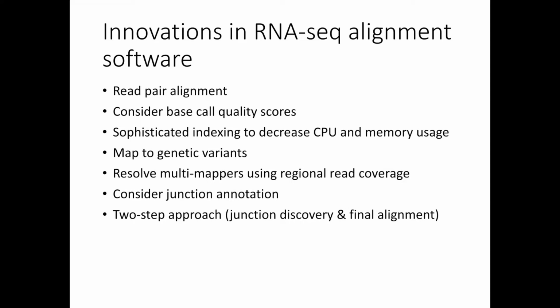The last new thing is the two-step approach, which doesn't rely on known annotation for junctions, but basically discovers them and improves the mappability. And I'm going to go through all of these in a bit more detail, so bear with me for the different steps.